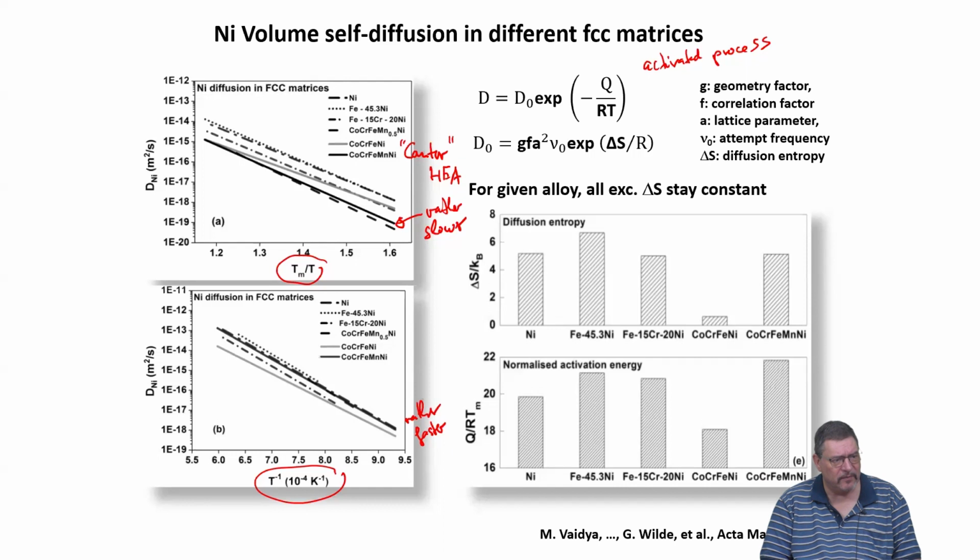The correlation factor itself is different because it's basically correlating how large are the probabilities for a jump from a given atom at its site to the neighboring site, and how large is the probability for the atom jumping back or jumping elsewhere. So in order to make a real diffusive excursion, it needs to not jump back all the time, but it needs to jump to different places also to basically span the configurational space.